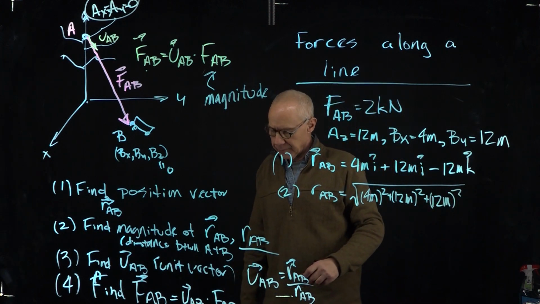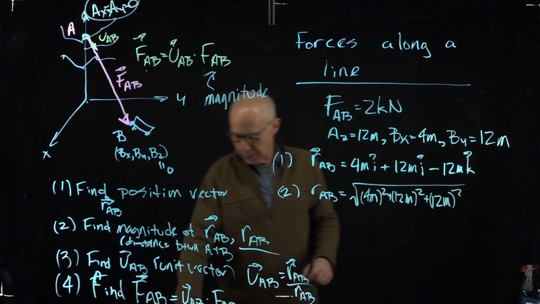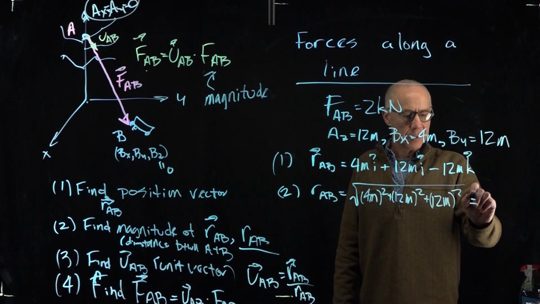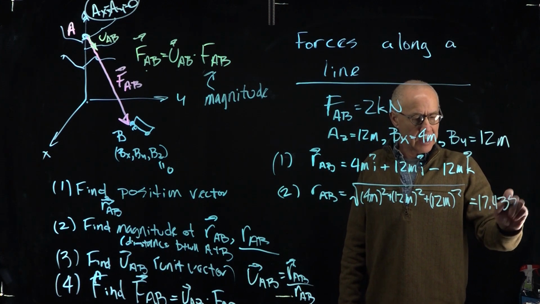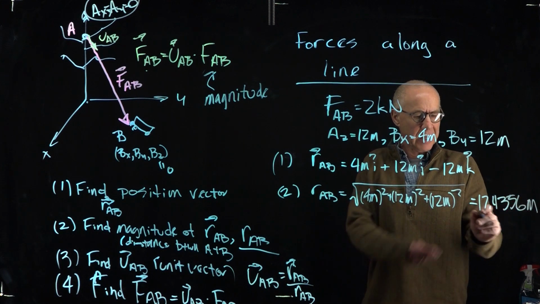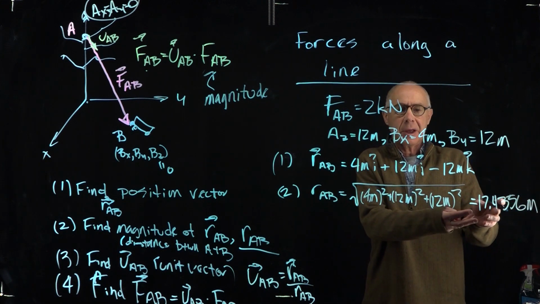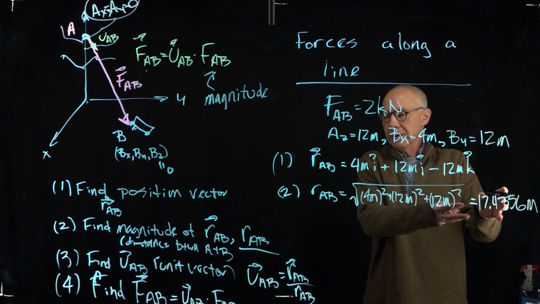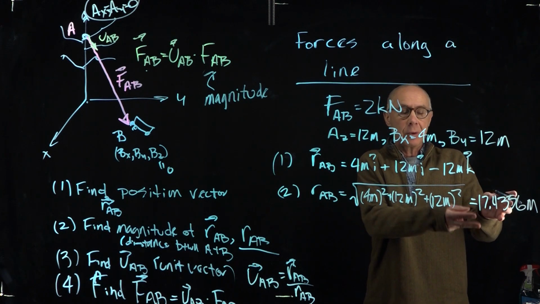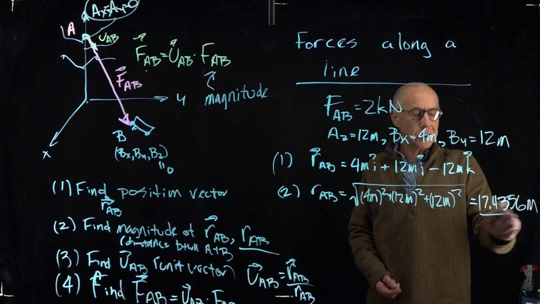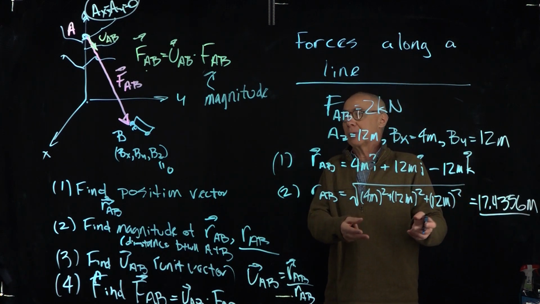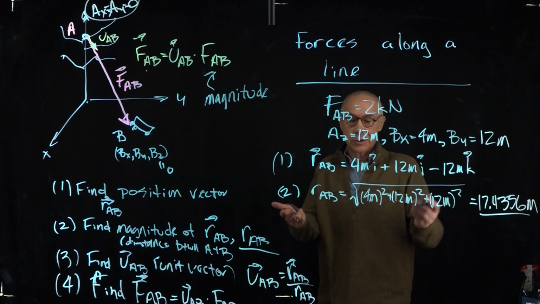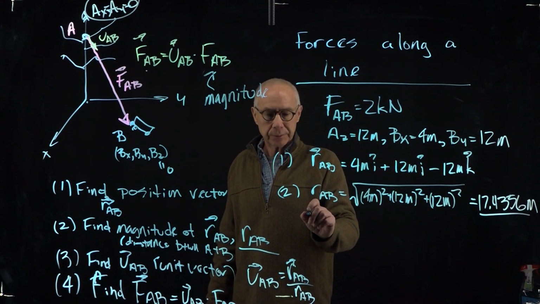Pythagorean rule in 3 dimensions, and it's going to be equal to 17.4356. And notice I keep extra significant digits because this is a transient result that we want to keep, and then we want to make sure our final solution is as accurate as possible, although we will end up rounding that off to 3 significant digits, like we usually do.